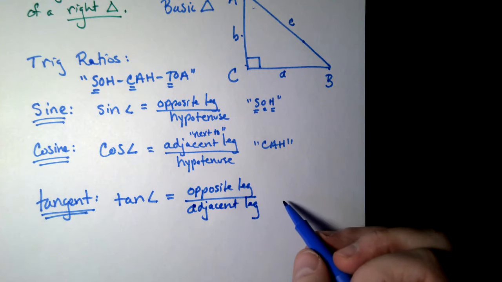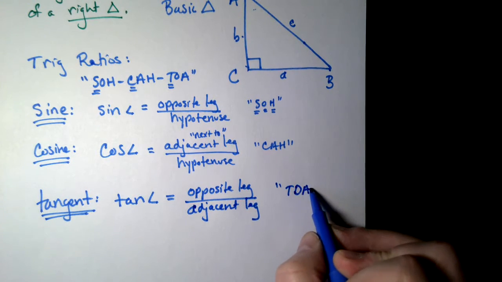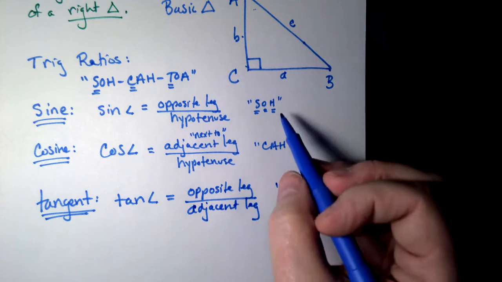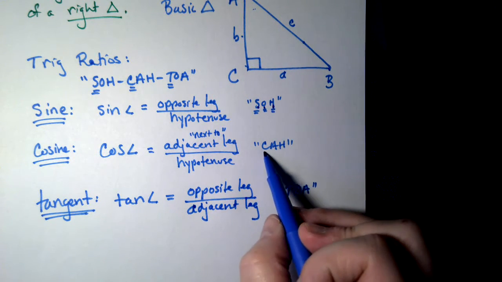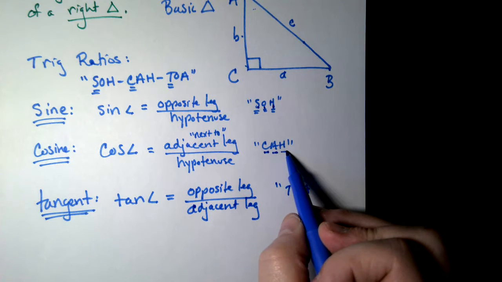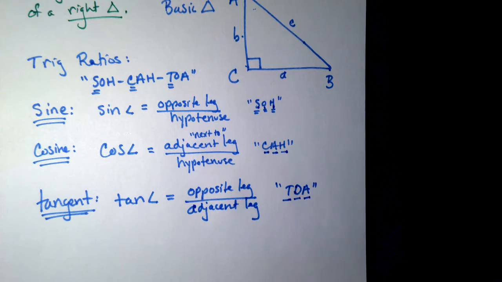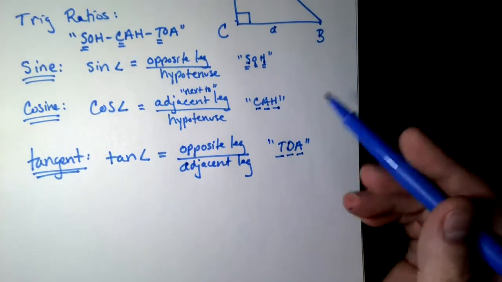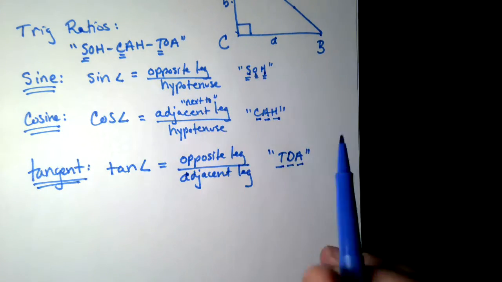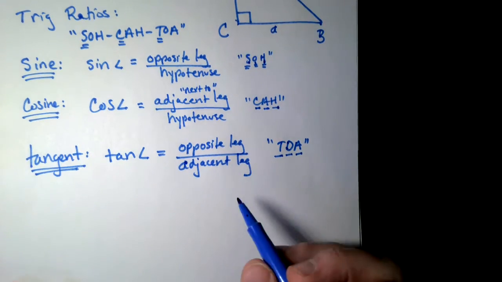Opposite over adjacent. And that's where the TOA, SOHCAHTOA. Sine is opposite over hypotenuse. Cosine is the adjacent over the hypotenuse. The tangent is the opposite over the adjacent. And if you're in class, maybe I'll teach you some inappropriate ways of remembering those letters. I don't want to put it on camera right now.